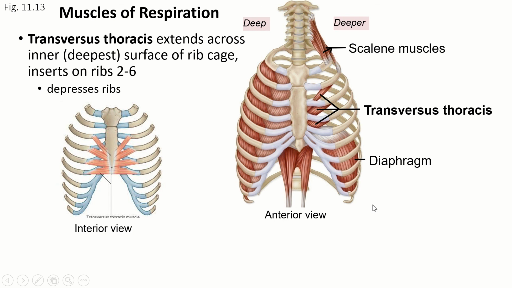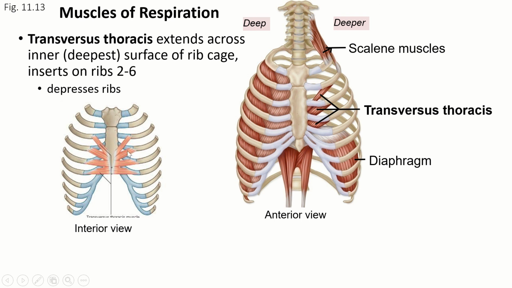Finally, the transversus thoracis. This is deep to the intercostal muscles, on the deep side of the rib cage. What they're going to do is pull the ribs toward the back of the sternum, so these are going to help with exhalation.